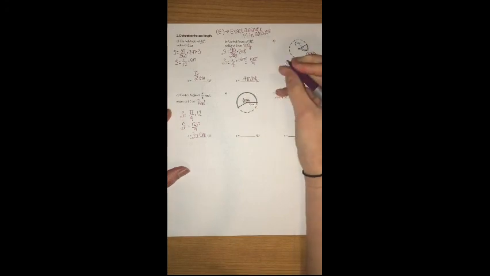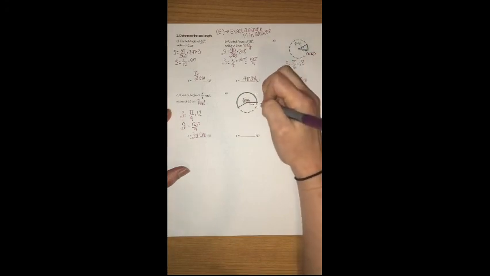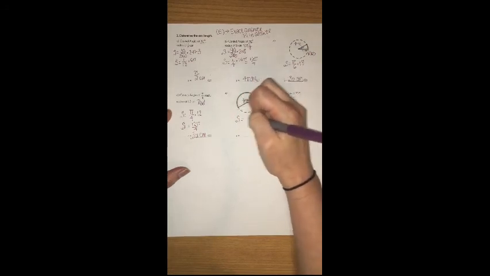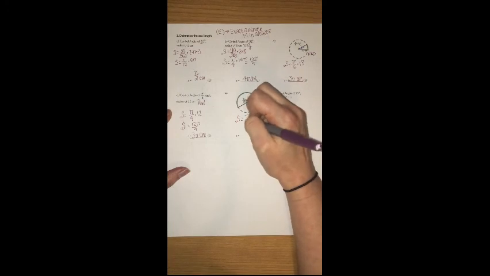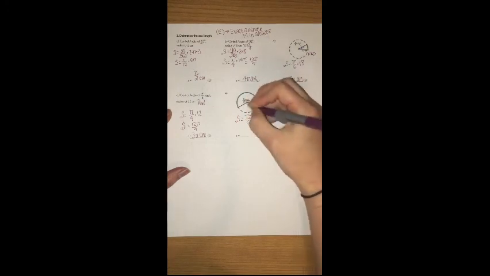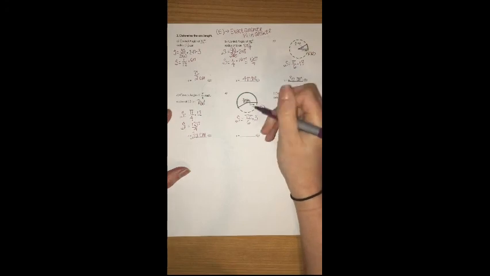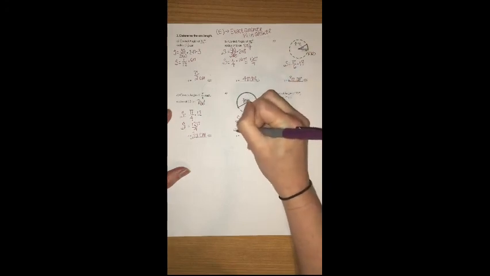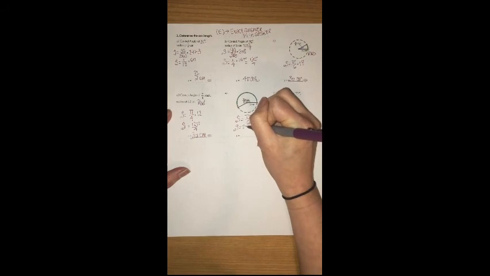Okay, so 7 pi over 6 radians is our angle. So 7 pi over 6 times our radius of 3. So that's 3 times 7 is 21 times pi over 6.